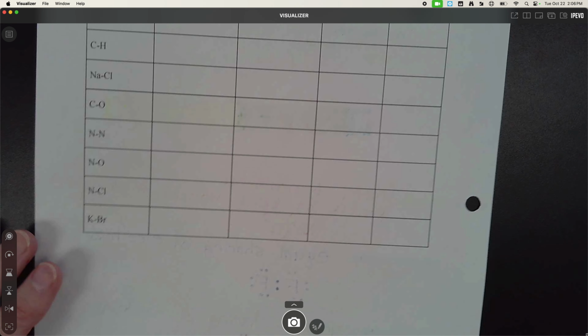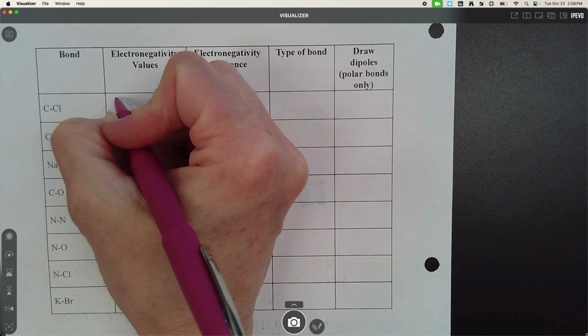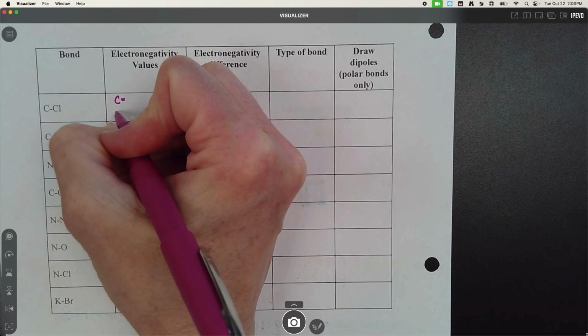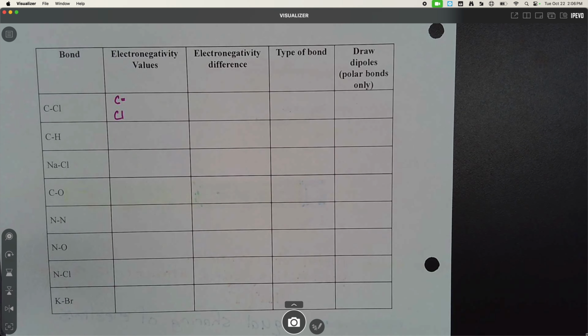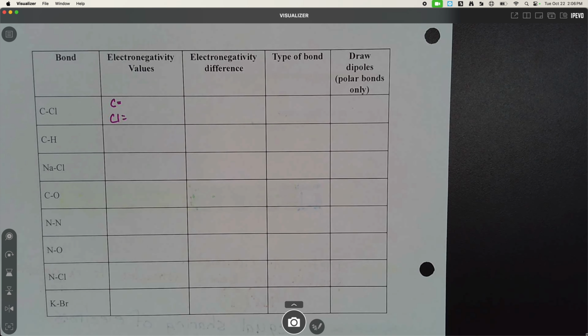So look at a few examples here. On the back here, we have a little chart, and we're going to do 2 of them together, and then we'll turn you loose to work on the rest of them. So if we want to know about the bonds, the first thing we do is we look up the electronegativity for each of the elements involved here.